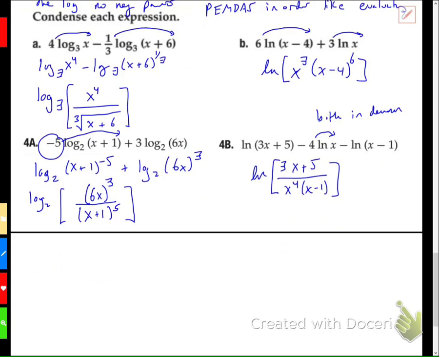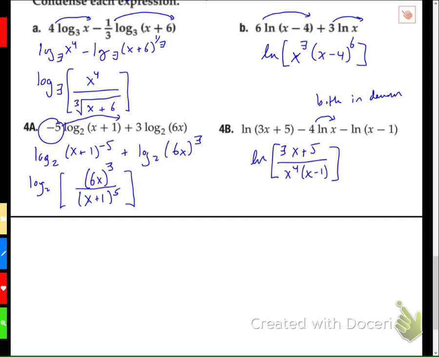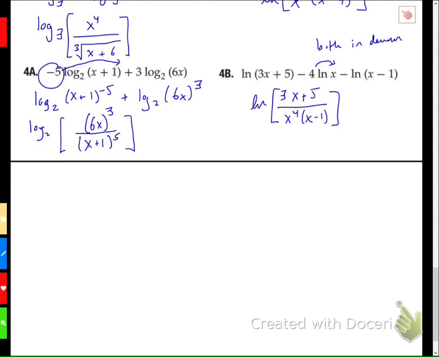Okay, now someone could try to play a little trick on you and say instead that they wanted you to do this one. ln of 3x plus 5, okay, minus 4 ln of x plus ln of x minus 1.